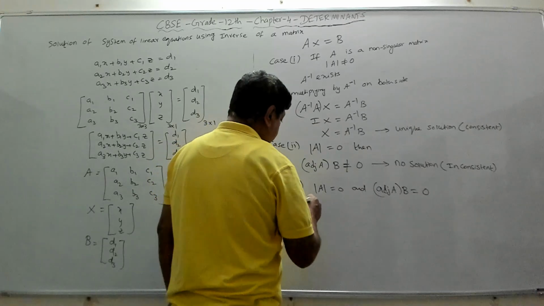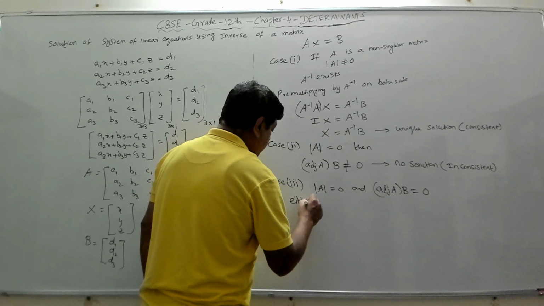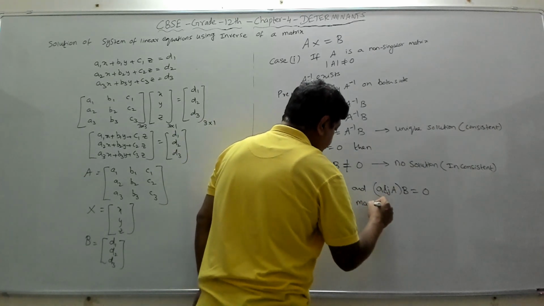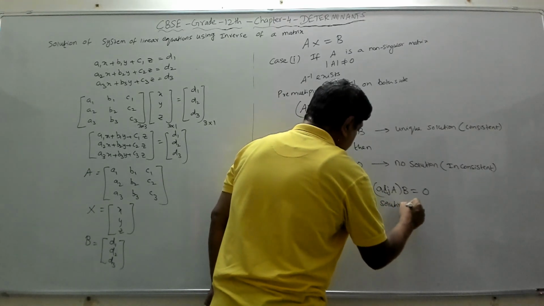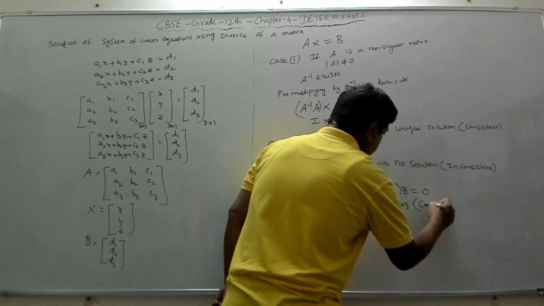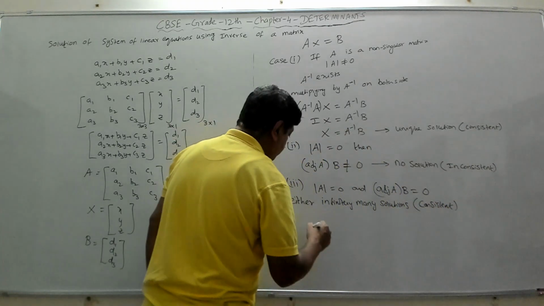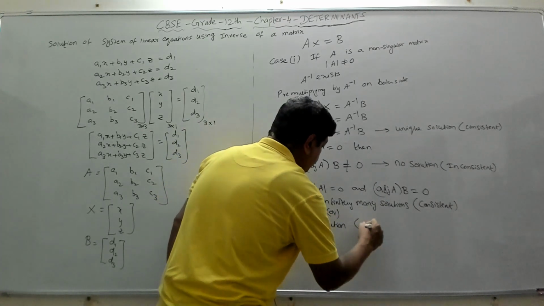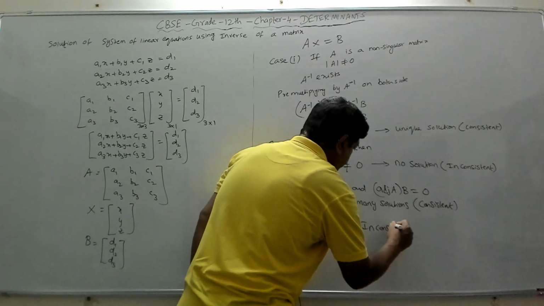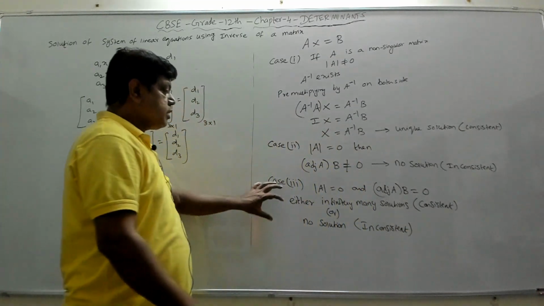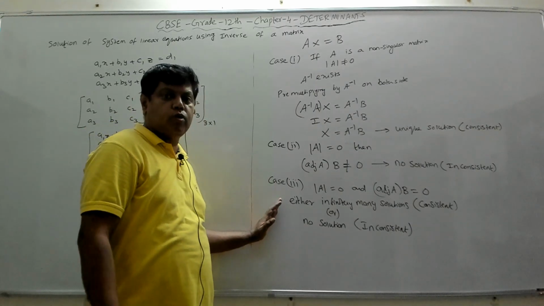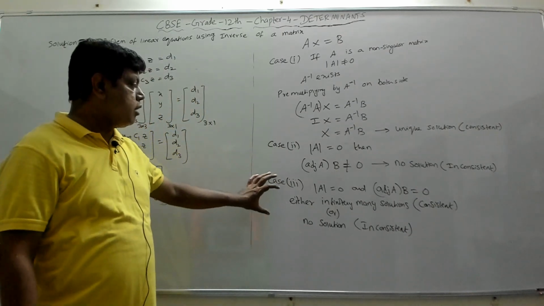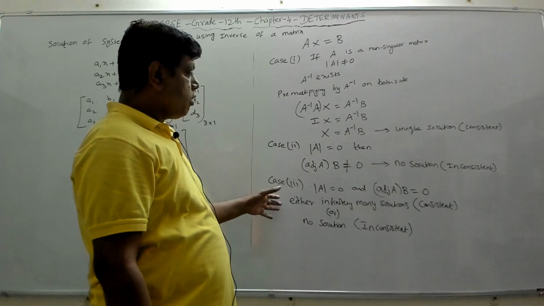Then it will have either infinitely many solutions, in which case it is called consistent, or it will have no solution, which means inconsistent. So in this case we will not be able to say it has a unique solution; either it will have infinitely many solutions or no solution, which means it may be consistent or inconsistent. So we cannot firmly say what it is.